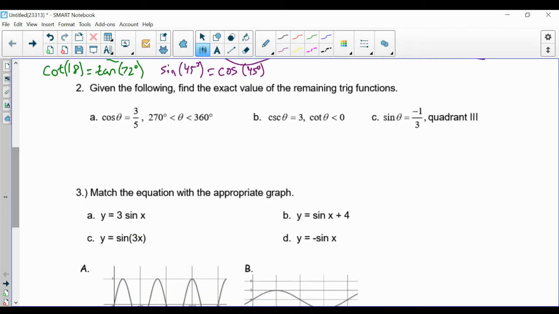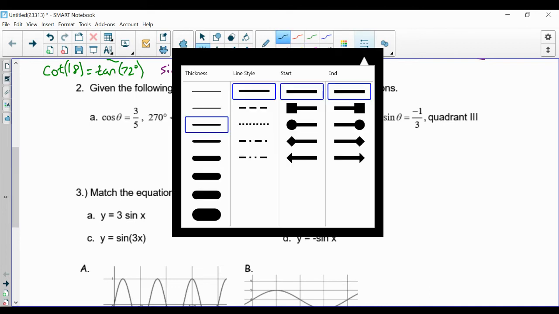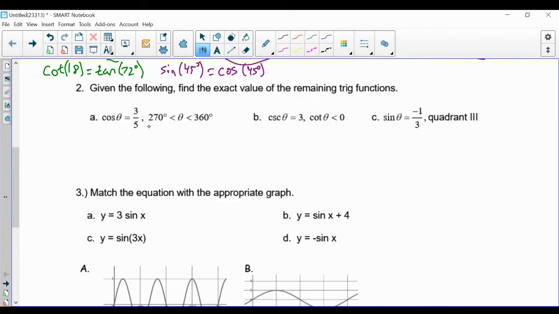Number 2 asks us, if we are given the following, find the exact value of the remaining trig functions. For these ones, you have to figure out which quadrant we're in, which in this case is really nice. They just straight up tell it to us. Remember, this would be 0, 90 straight up, 180 is to the left, 270 is down, 360 is back at 0.